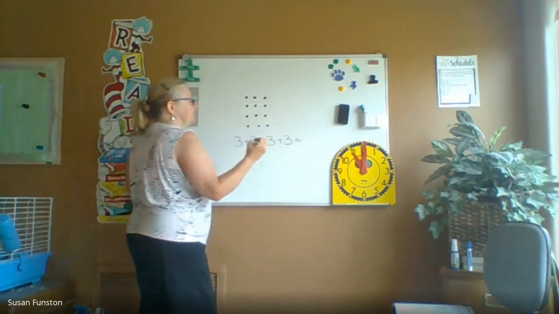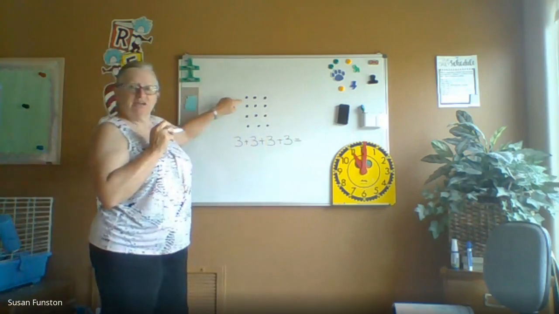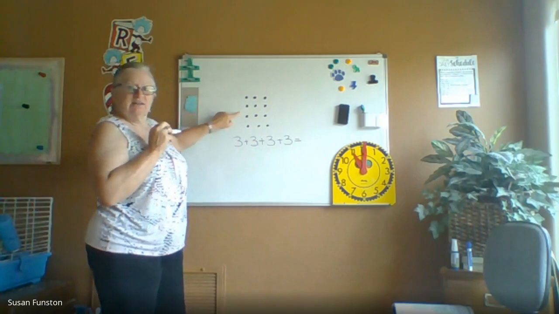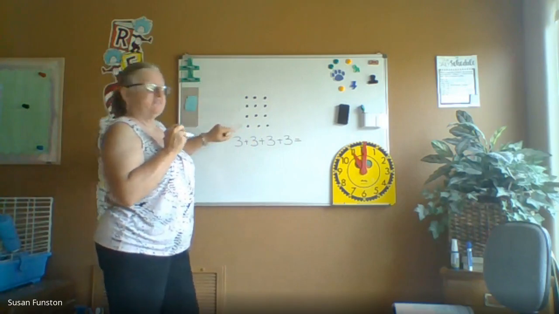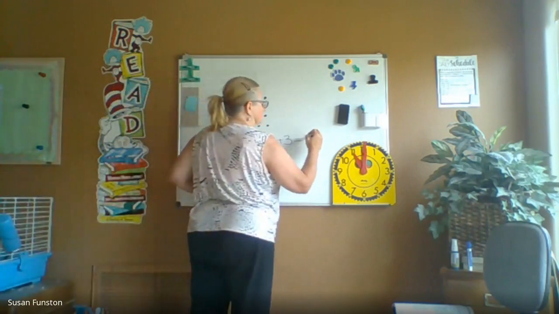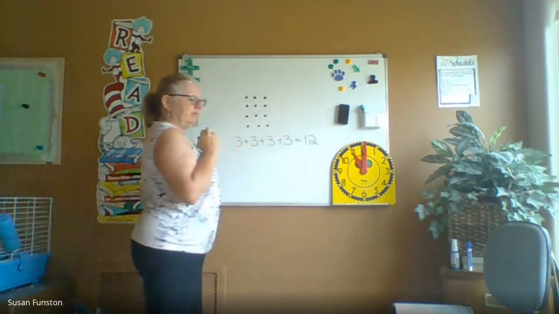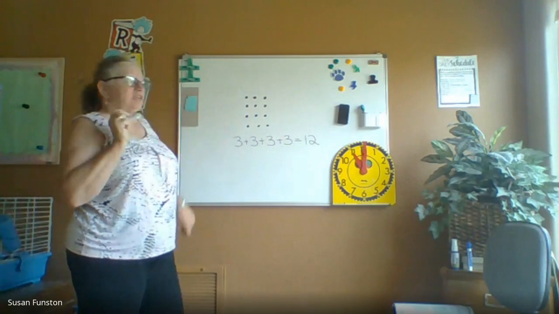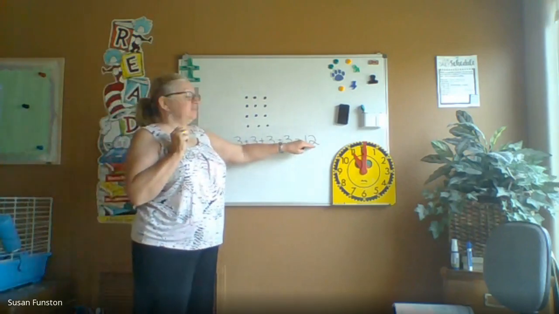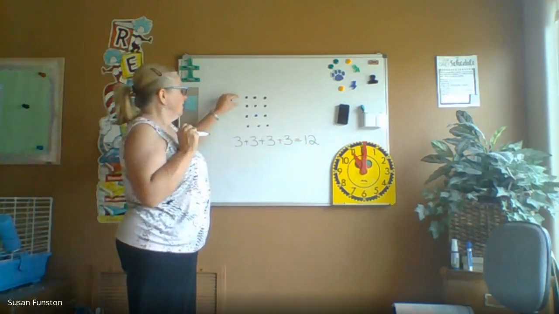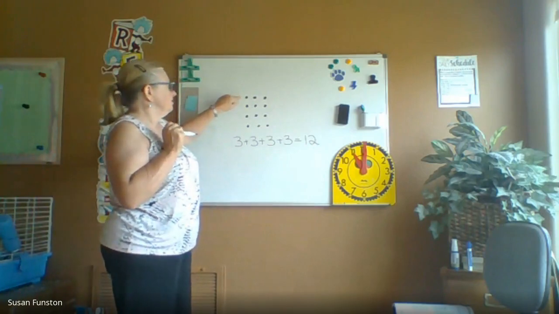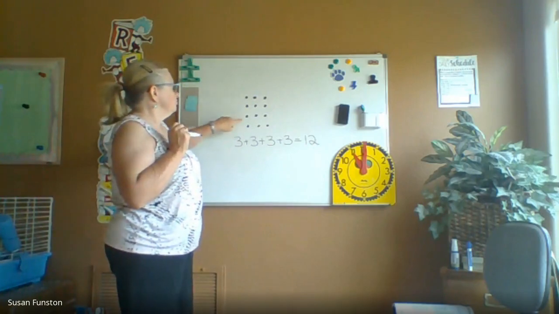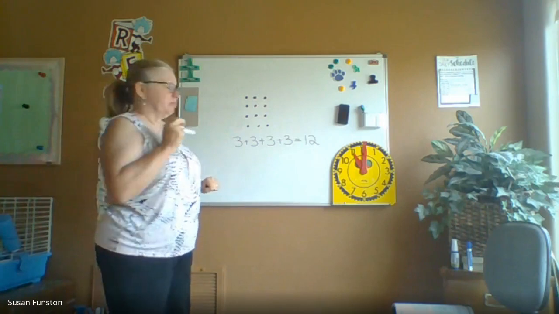And let's count by 3s and see what our total is. 3, 6, 9, 12. Okay. I could make a division sentence that shows how I took these 12 things and divided them into 1, 2, 3, 4 groups.